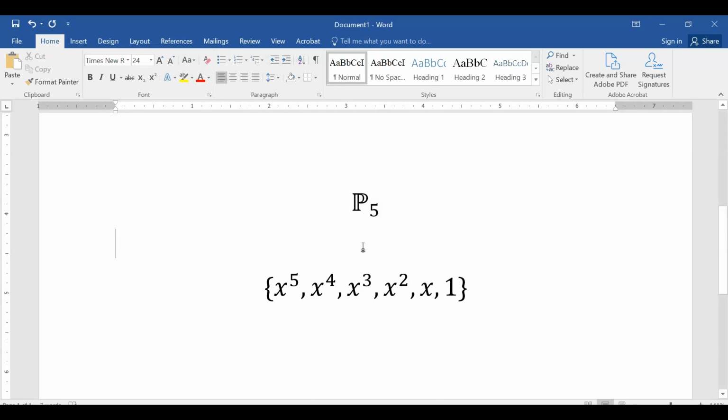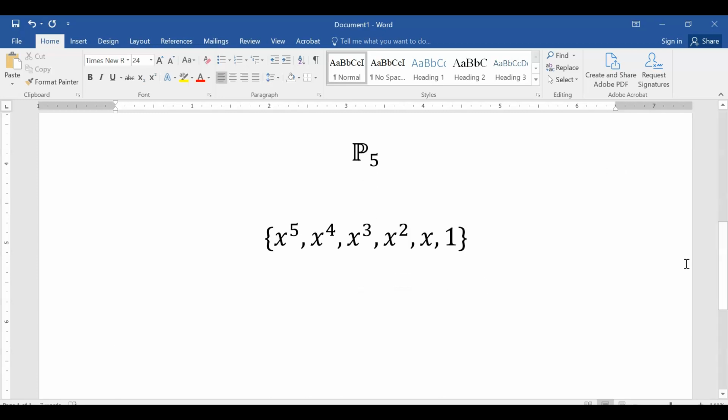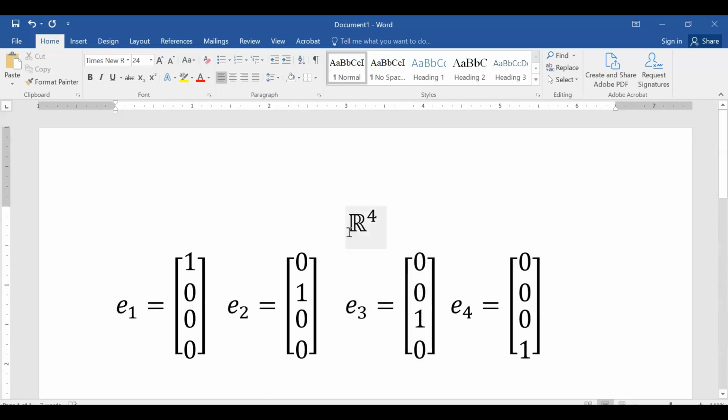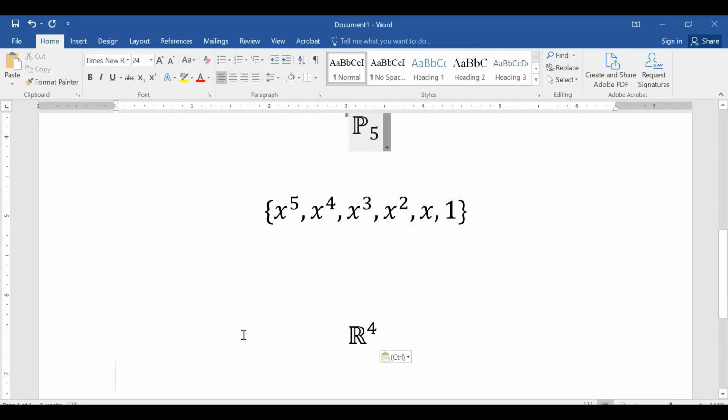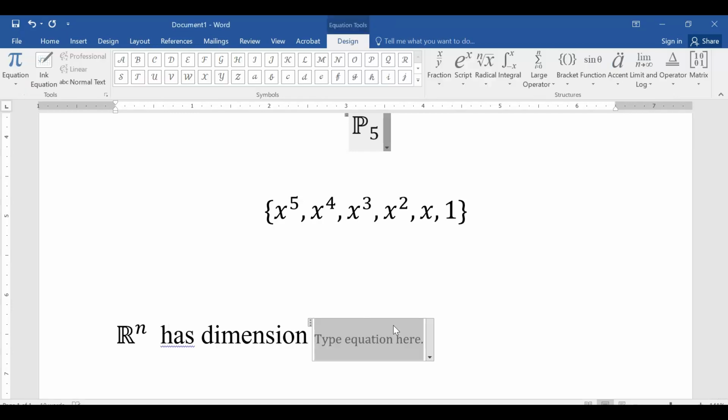All right. So in general, we see that this has to be true. Rn has dimension n.